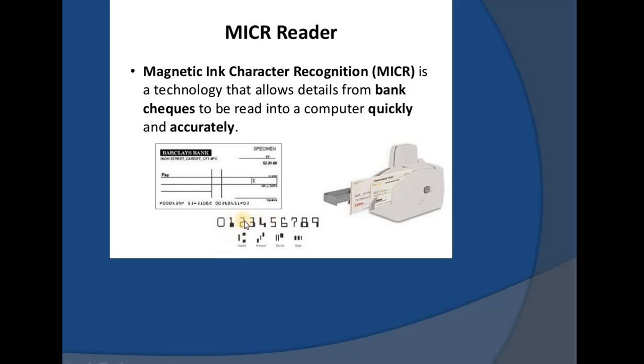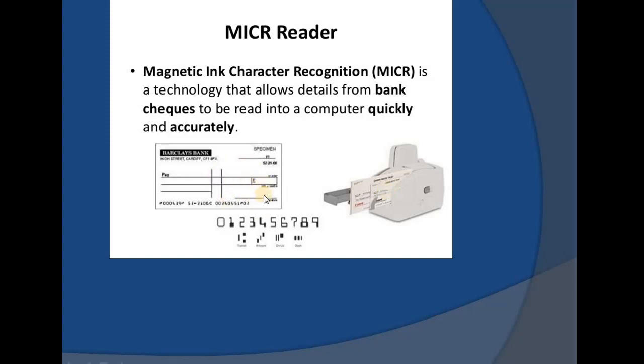It is made up of a special ink so that the MICR can easily read all the information present on it. The advantage is that it can recognize all this information on the check and convert it into computer form.